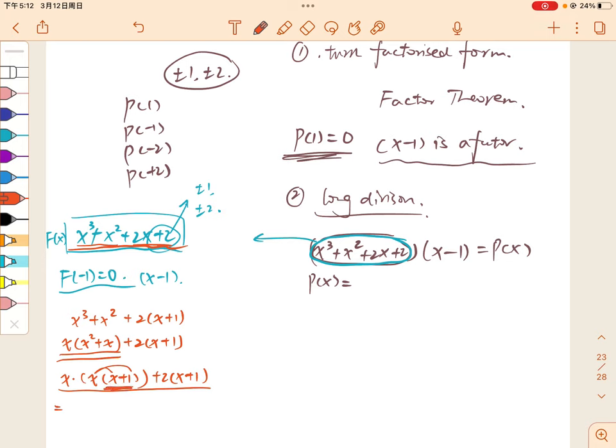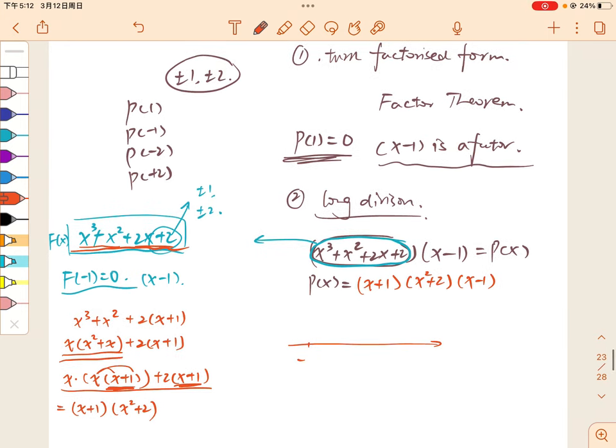Now they all have this common factor x plus 1, so you put it outside the brackets, x plus 1 times x squared plus 2. So now you factorize this whole thing into x plus 1, x squared plus 2, x minus 1.